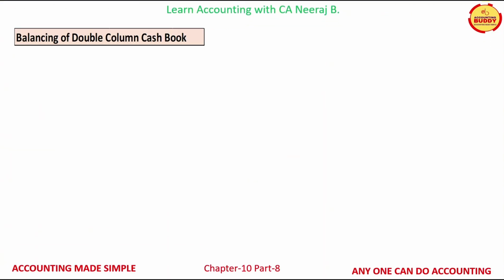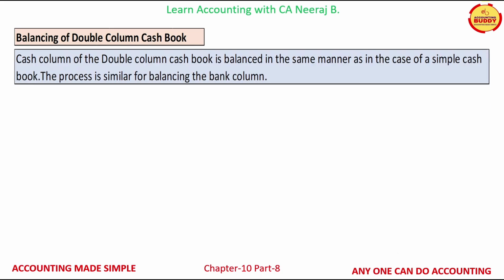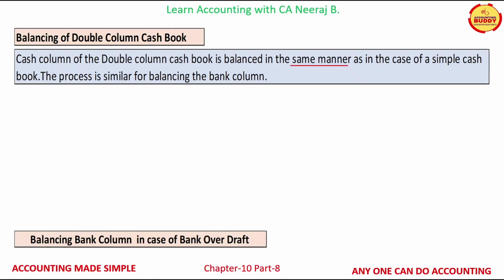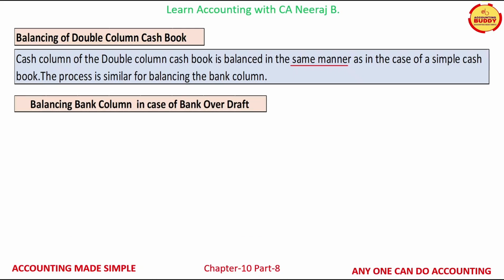In this slide, let us learn the art of balancing a double column cash book. Cash column of the double column cash book is balanced in the same manner as in the case of a simple cash book. The process is similar for balancing the bank column. Let us learn the balancing of bank column in case of bank overdraft.